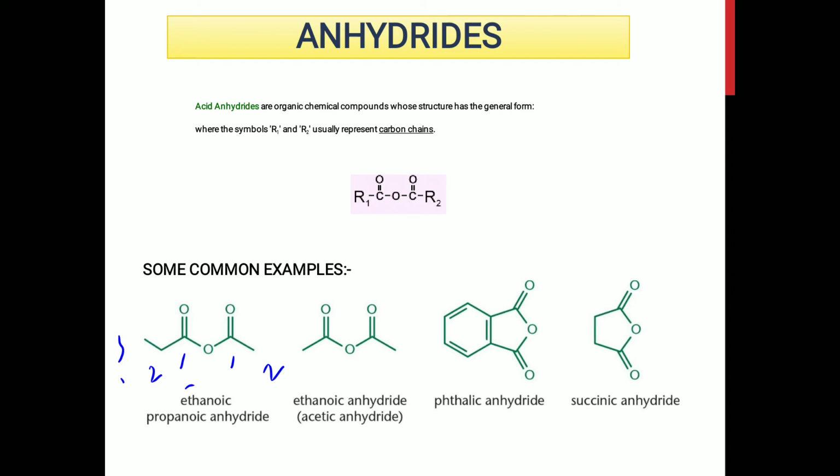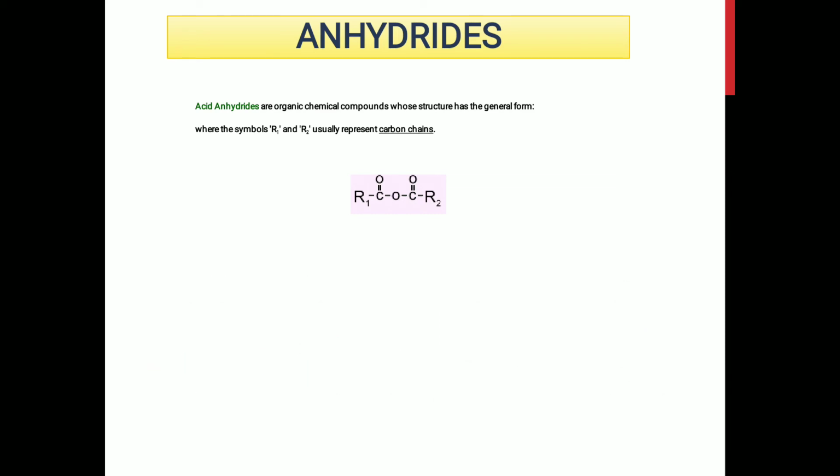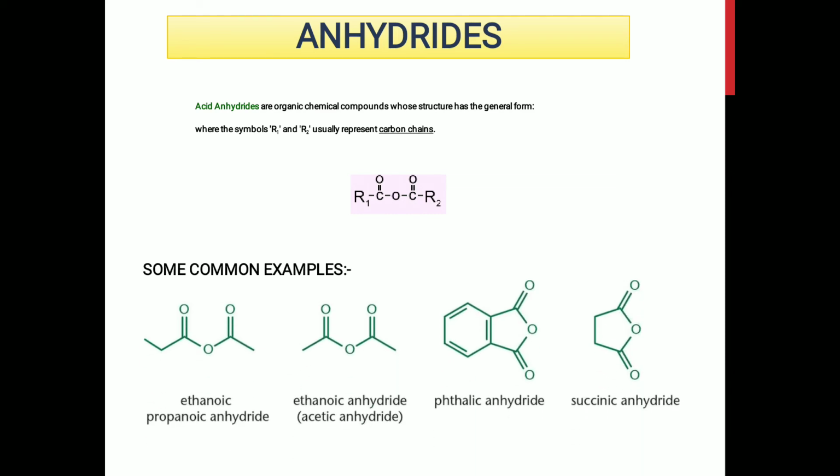Now here in the second structure, if you count the carbons on both sides, on the left side we have 2 carbons, and on the right side we again have 2 carbons. So for the same number of carbons on either side of this oxygen, it becomes ethanoic anhydride, or we can also call it acetic anhydride.